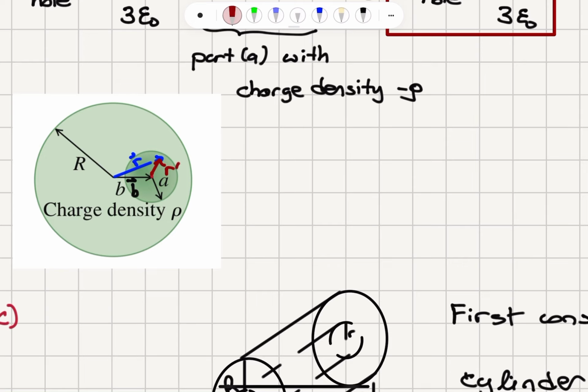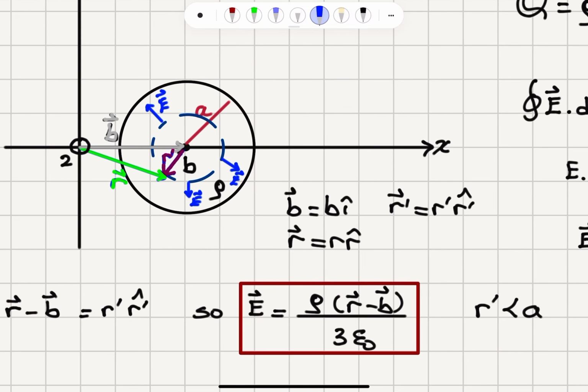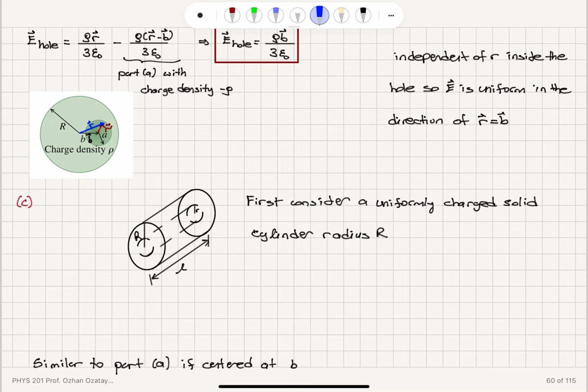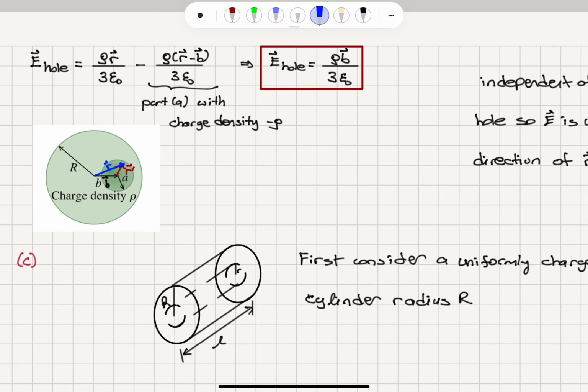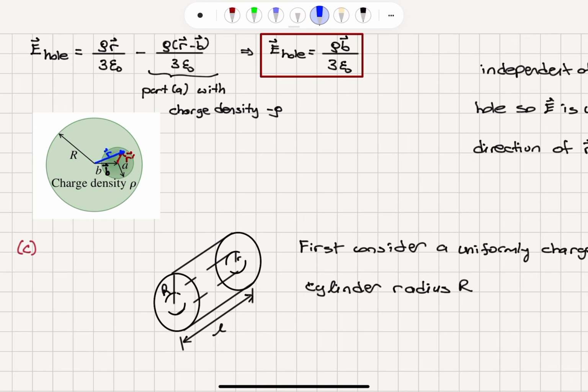This is basically my r prime vector, and r prime vector is r vector minus vector b. So that's basically what we did here. R prime vector is R vector minus vector b. So that gives us the electric field inside the hole. R minus b is the r prime vector.